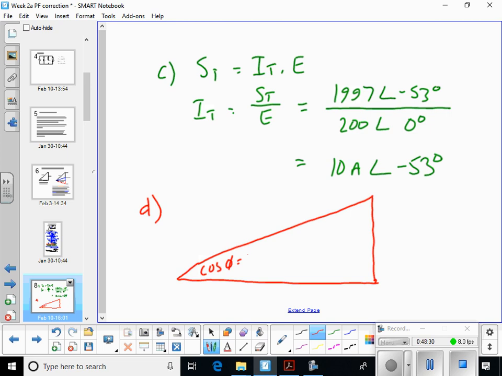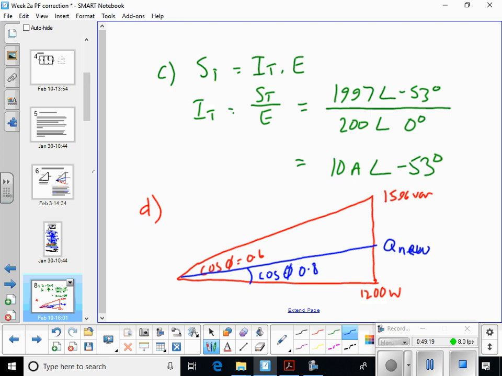Cos of the angle is currently 0.6, and we've got 1596 var on that line, and we've got 1200 watts on that line, and we're looking to reduce to a Q new, such that this angle, or the cosine of this angle, becomes 0.8. That's what we're looking to do.